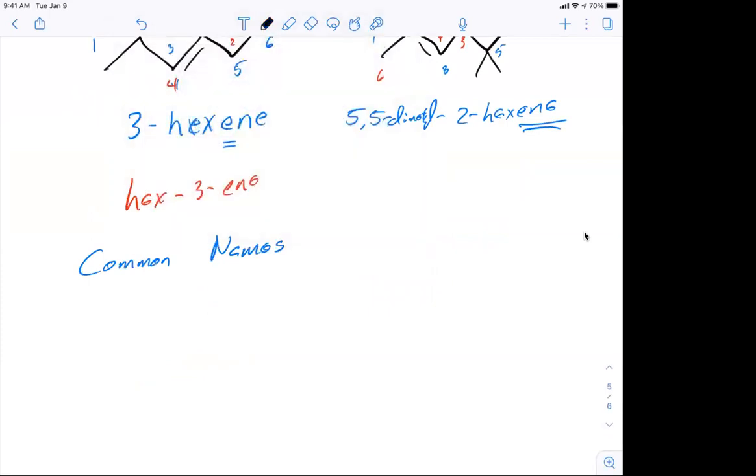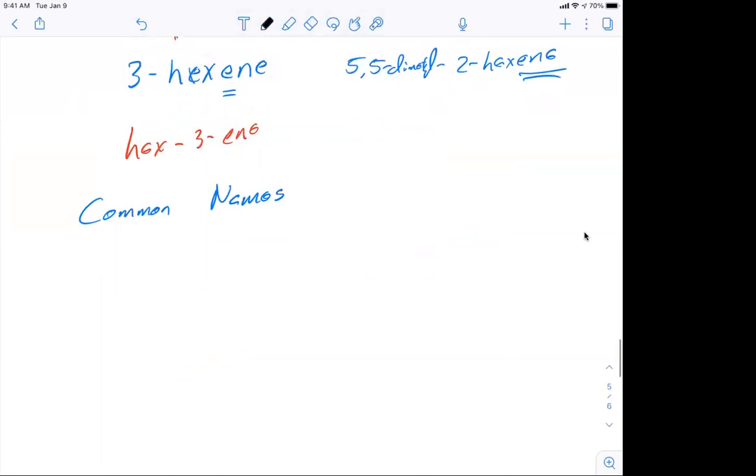Okay. There are a group of common names that's important to know, mainly because they're still used quite a bit. Ethylene, used in polyethylene. Propylene, used in polypropylene, both commercially. And then of course, polystyrene.